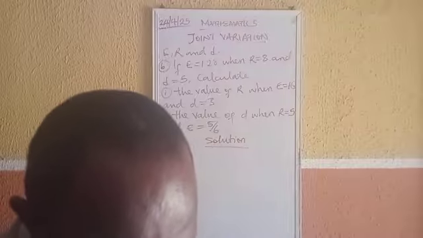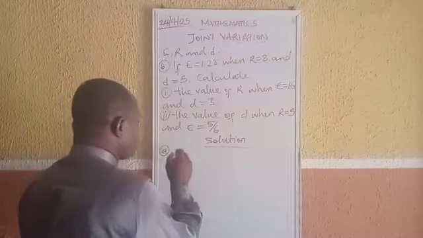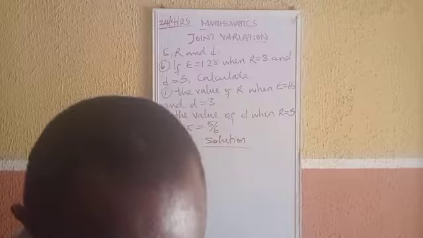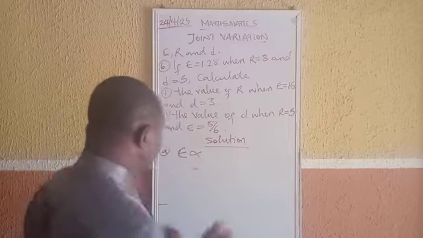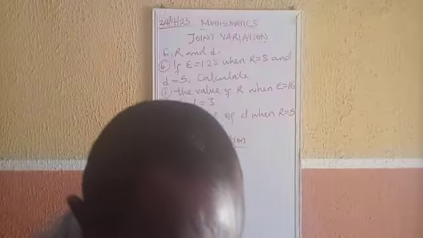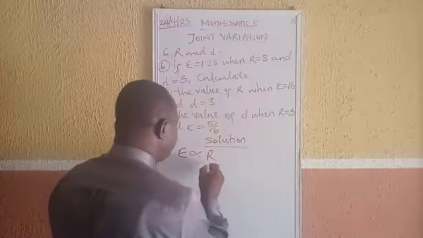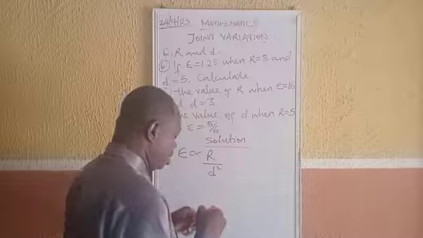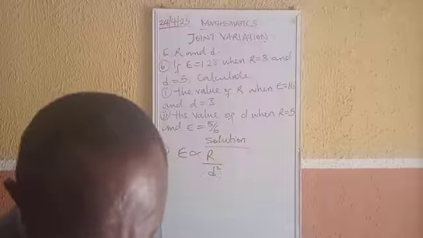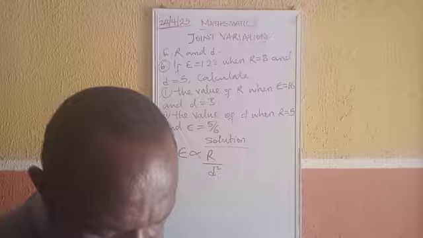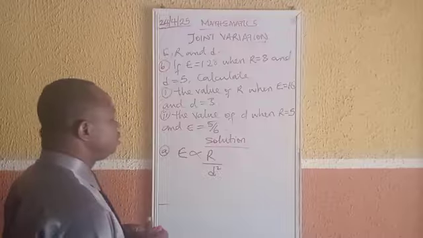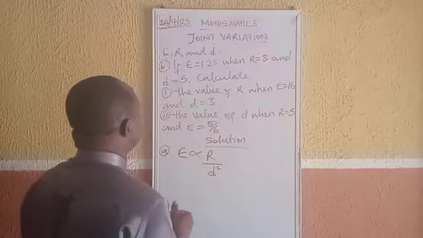The energy E varies directly as the resistance R and inversely as the square of the distance D. That's the equation connecting E, R and D.